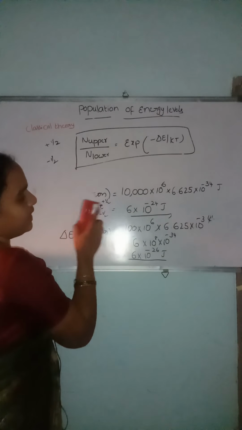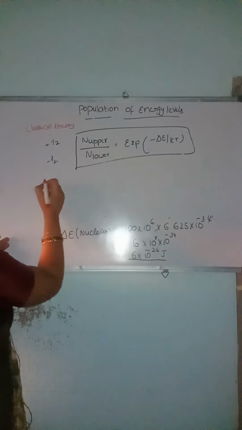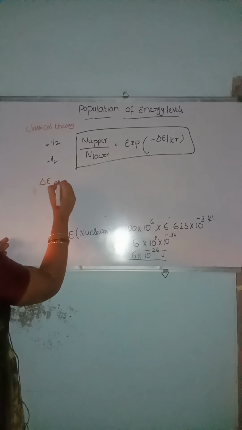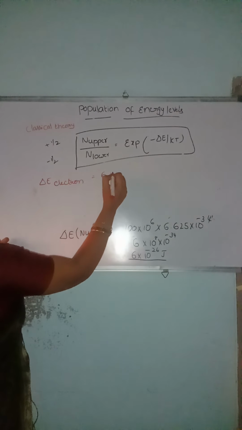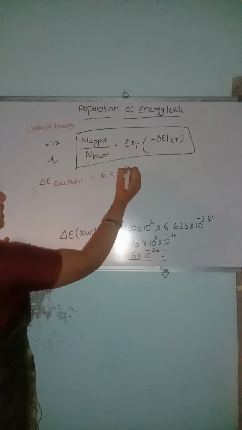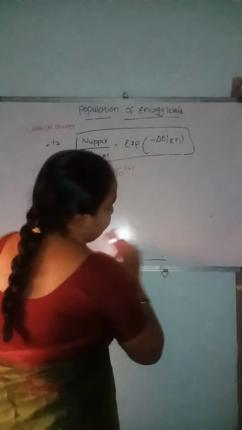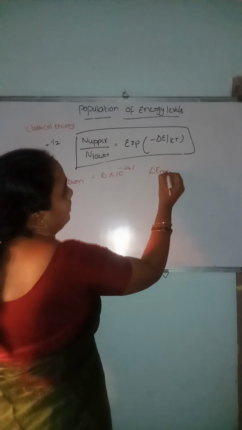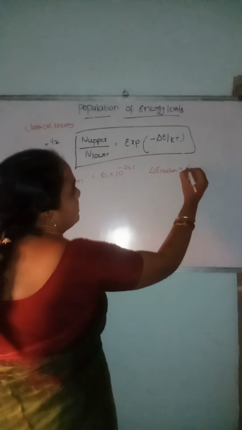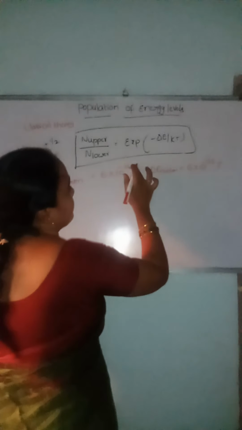So delta E for electron is 6 into 10 power minus 24 joules, whereas delta E for nucleon is 6 into 10 power minus 26 joules.